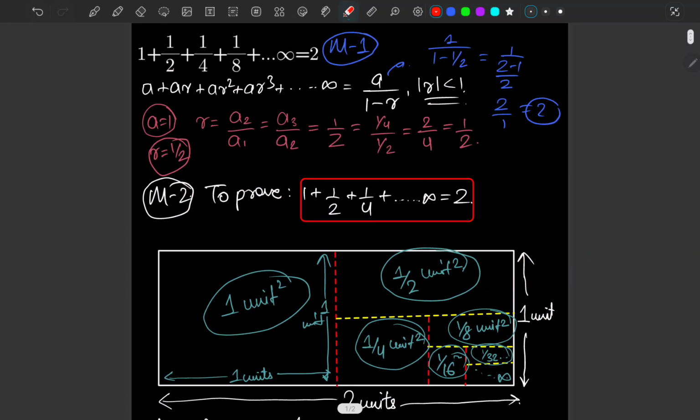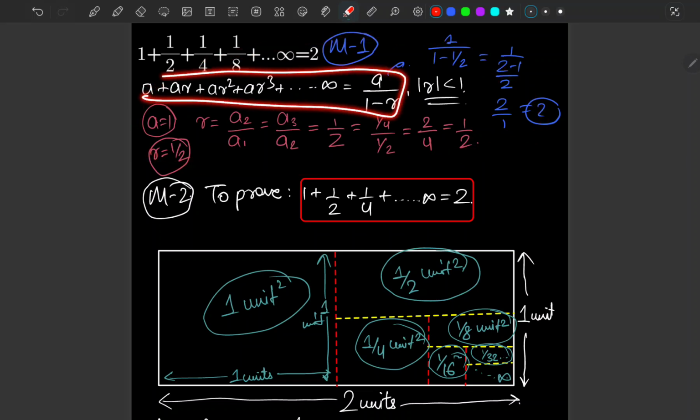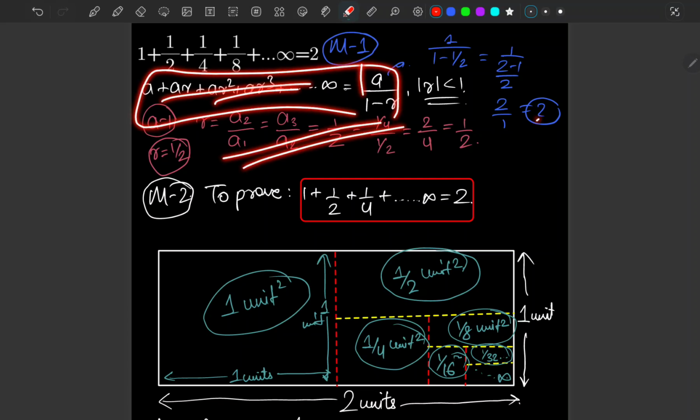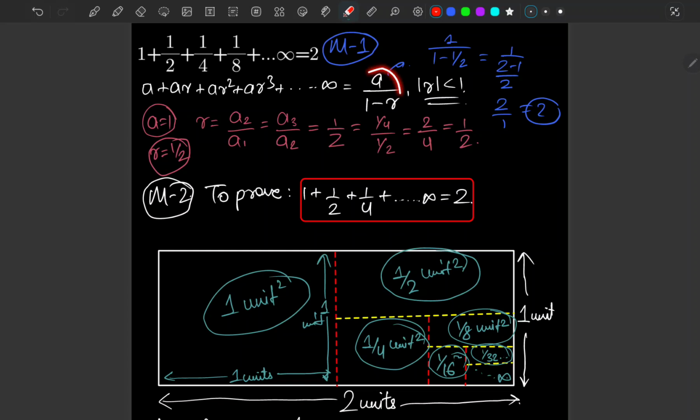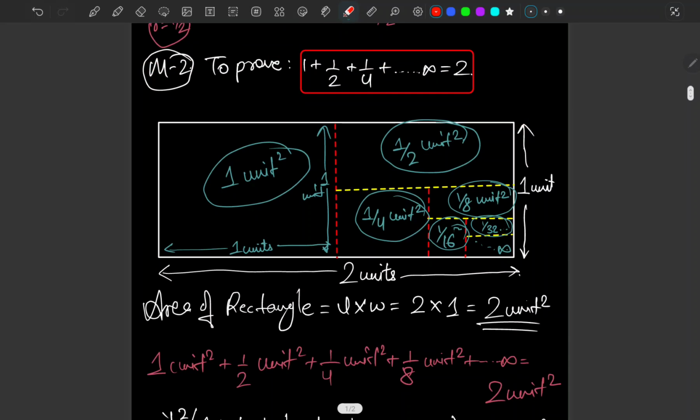Believe me, in most places you just learn this way of evaluating, and those teachers or professors don't even prove it, but I have proved that one. I have just shown you that you can use this very formula to get 2 for this sum. But method 2 is quite crazy. It's devastating, it's amazing.